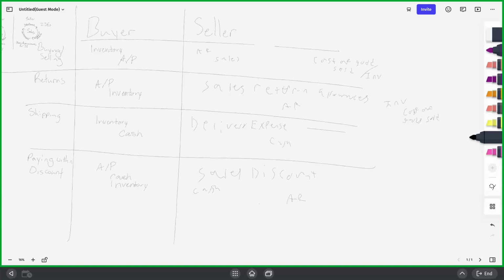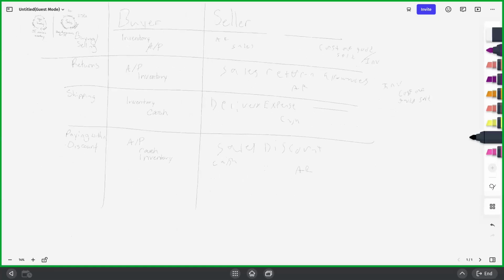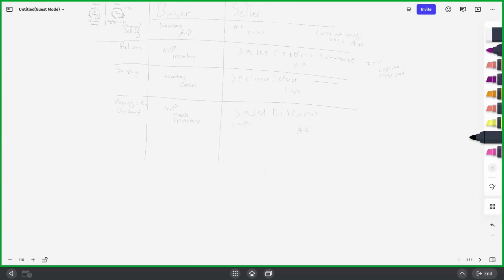Like I said, we also have to consider FOB shipping point and FOB destination. They're separate for the buyer and the seller. The best way I can explain for people to remember is by looking at it through the buyer's point of view.